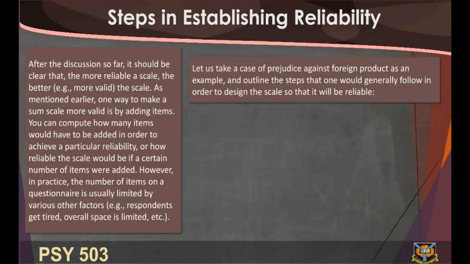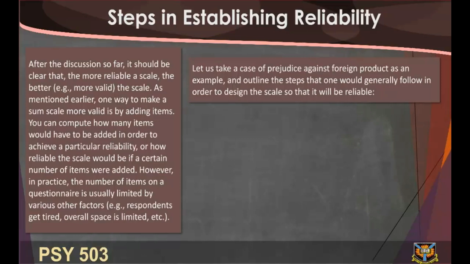You can compute how many items would have to be added in order to achieve a particular reliability, or how reliable the scale will be if a certain number of items were added. However, in practice, the number of items on a questionnaire is usually limited by various other factors, e.g., respondents get tired, overall space is limited, etc.